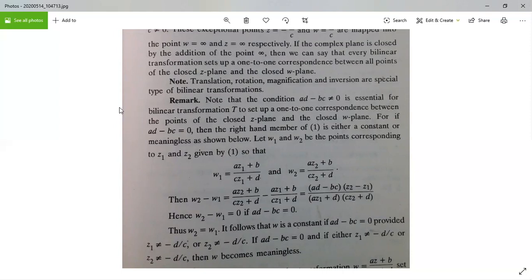Let omega 1 and omega 2 be the points corresponding to z1 and z2 given by equation 1, so that omega 1 equals az1 plus b by cz1 plus d and omega 2 equals az2 plus b by cz2 plus d.